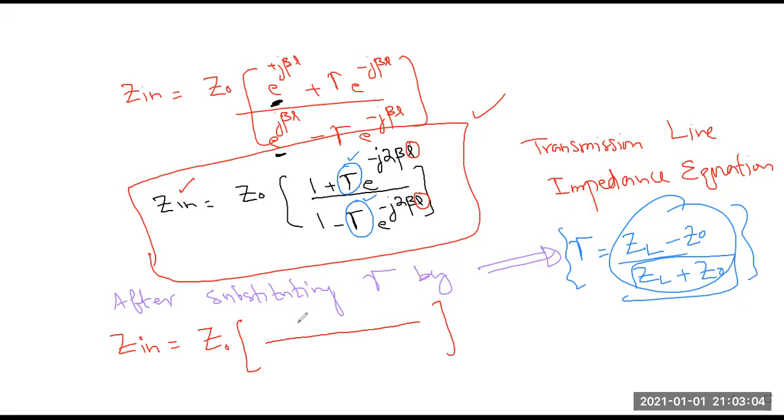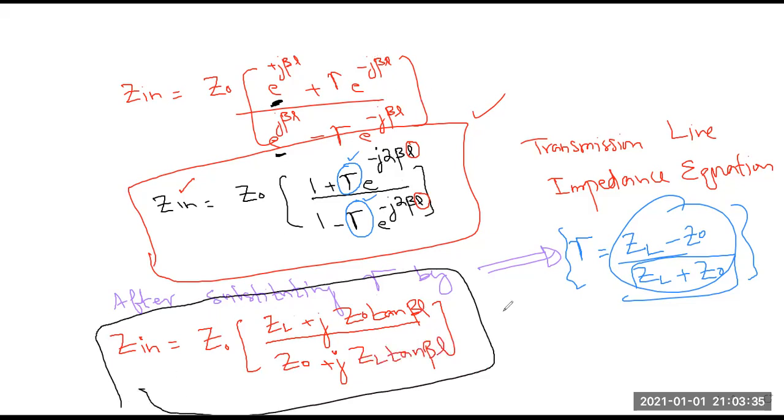There is nothing complicated in it. It has nothing to do with the concepts of microwave engineering, so that's why I'm not spending much time on this. So let me write down the expression that you will get. So this is another form of the transmission line impedance equation.